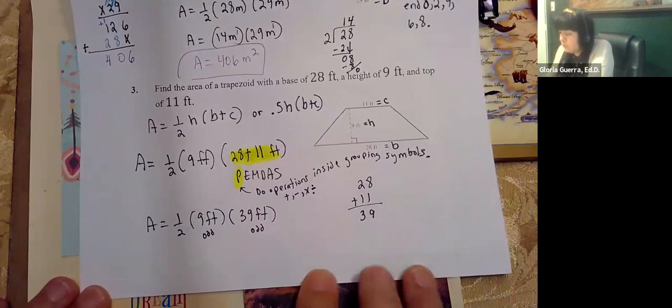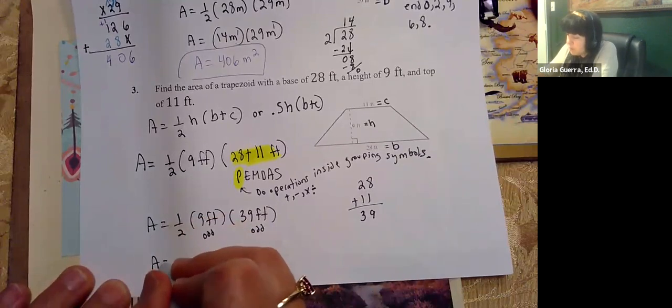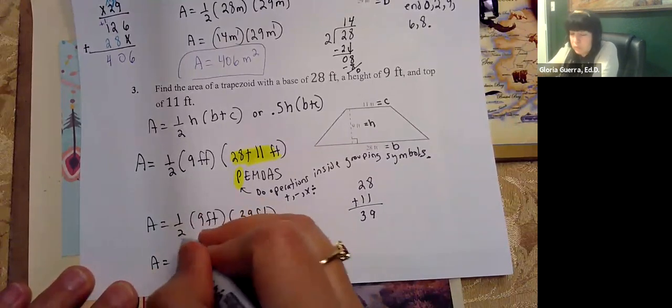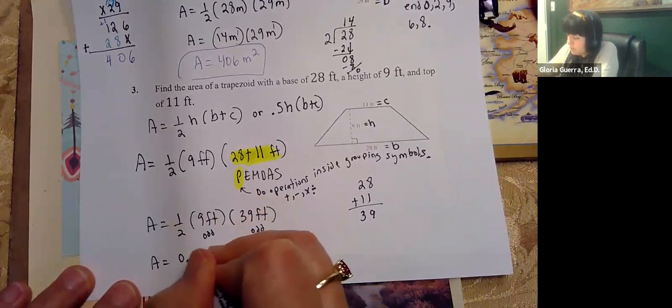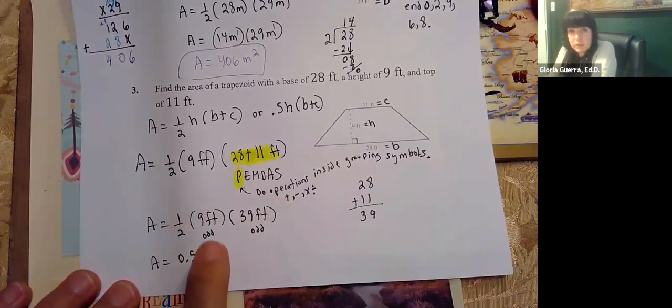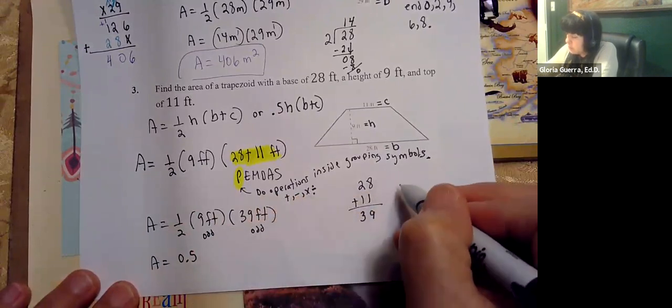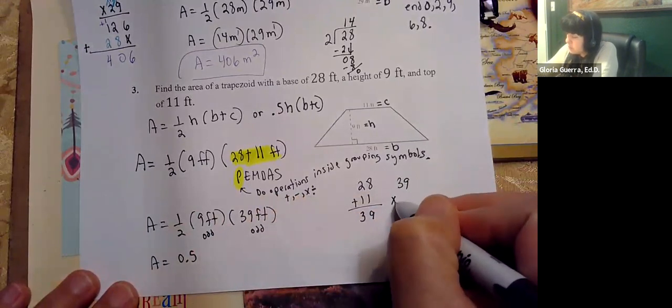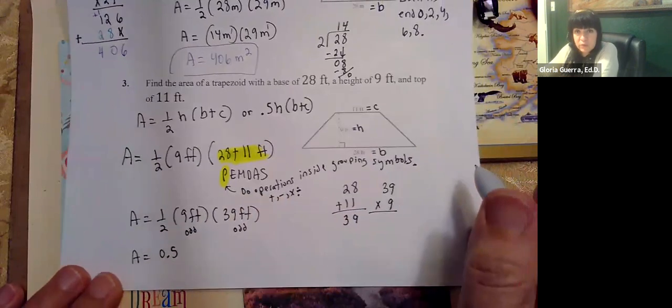So you might feel more comfortable, because they're both odd, changing the 1/2 to 0.5. And multiplication is commutative, so you can change it 2 at a time in any order. So if you want to next multiply 39 times 9, you could definitely do that.